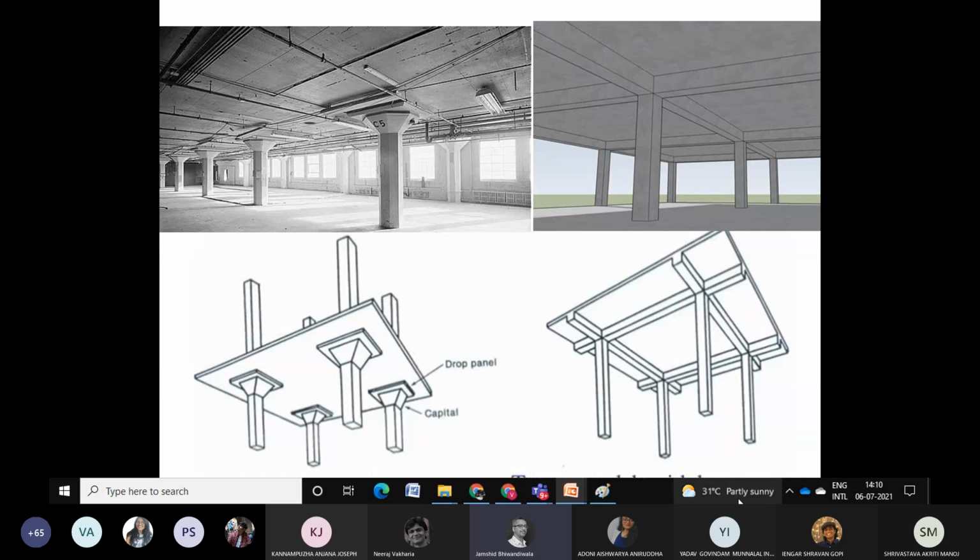So to the left is your conventional column-beam structure that clearly shows that for load transfer from the slab to the columns you require a network of beams.